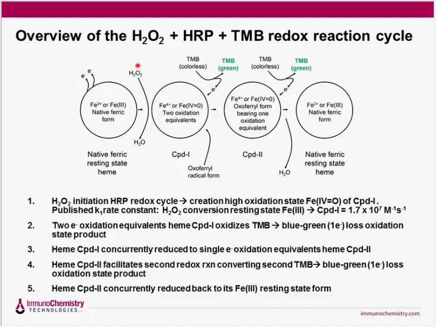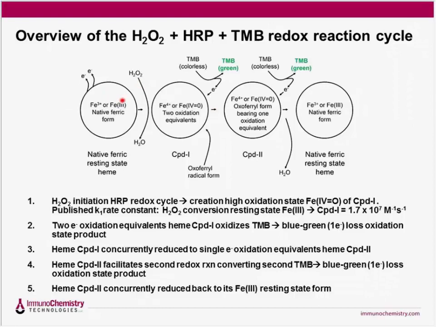Hydrogen peroxide could come in and it will oxidize the resting state heme, converting it to an iron +4 oxidation state. Plus it's also converted to an oxyferryl radical. So you have not only an oxidized iron here, but you have an oxyferryl radical too, which accounts for the second electron equivalent that it's lost.